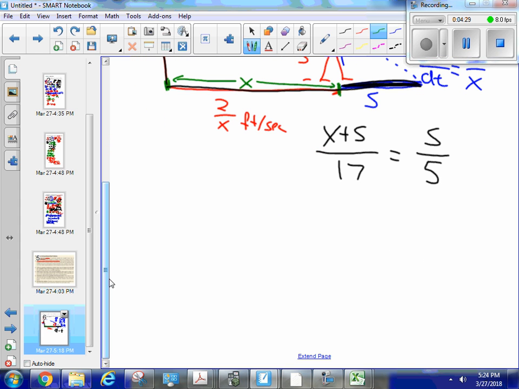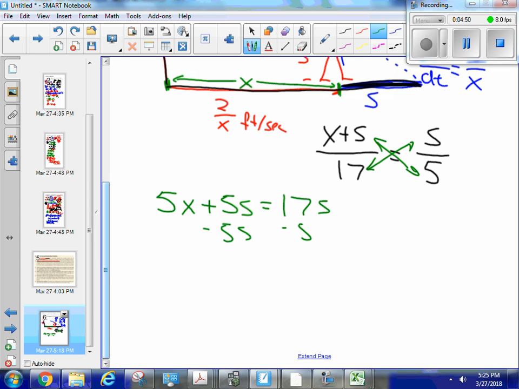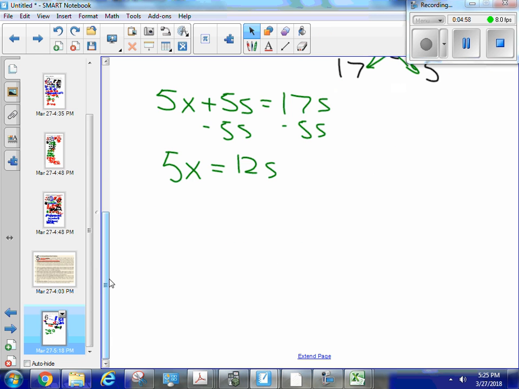So I'm going to do some cross multiplication here. So I'm going to get 5x plus 5s is equal to 17s. I just cross multiplied. So I'll subtract 5s from both sides, and I get 5x is equal to 12s. Well, this is going to be really simple.